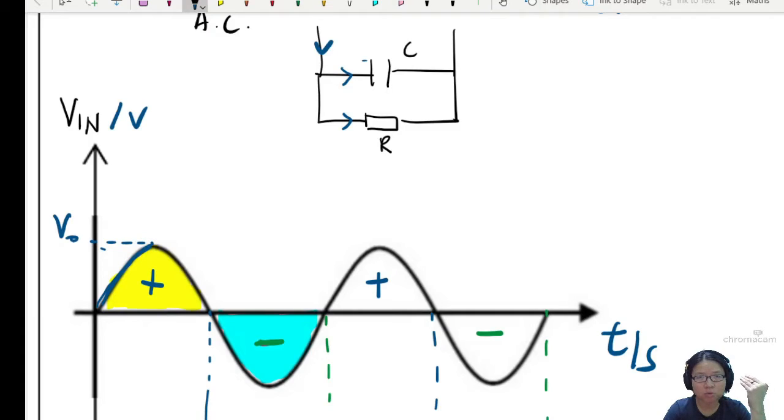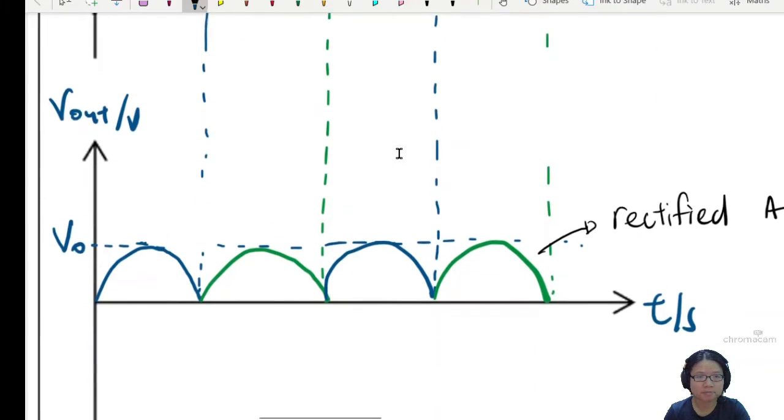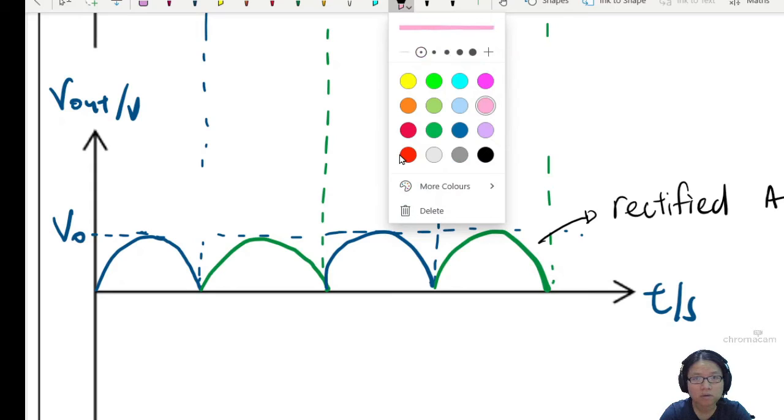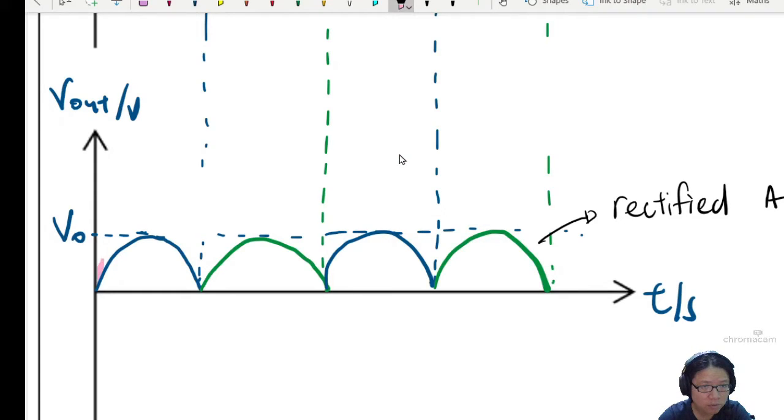the capacitor will charge. Let us look at the graph and figure out where charging happens. Charging will happen here when the potential is increased. So let's say the potential increases from here to here. This side until here is what we call capacitor charging.